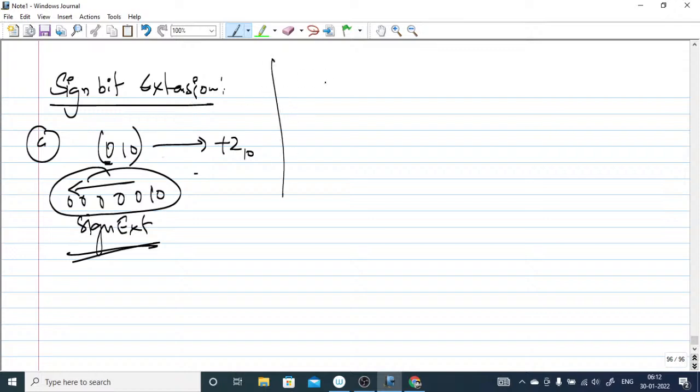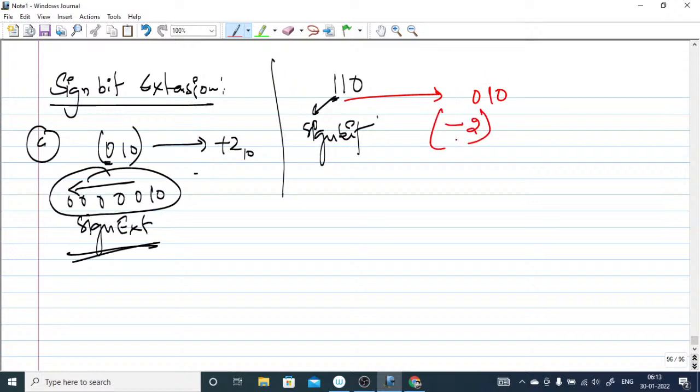Suppose this kind of question is given: 1 1 0. After all, this is the sign bit. Now you have to take the 2's complement of this, so it will be 0 1 0, which shows minus 2.